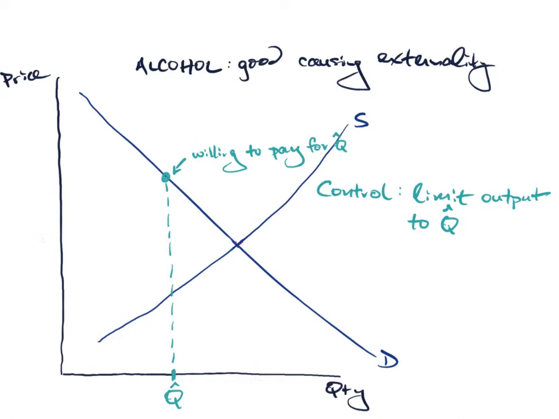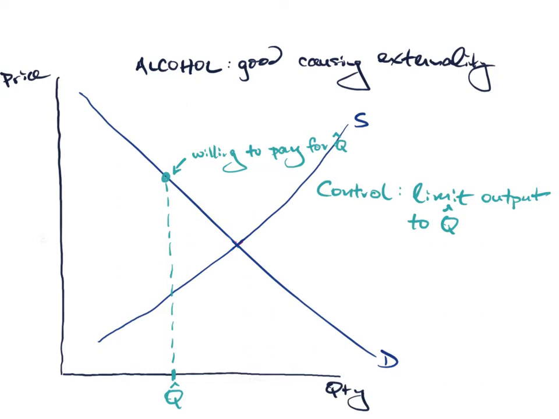It is socially optimal for people to consume less heroin, meth, alcohol, marijuana, whatever. So the government has decided that, and let's just assume the government is correct that Q hat is the socially optimal quantity to consume.